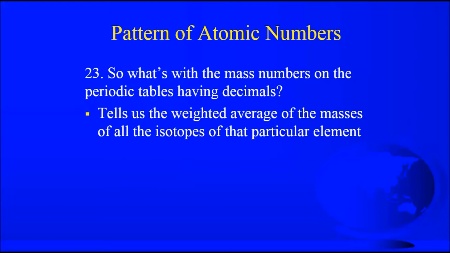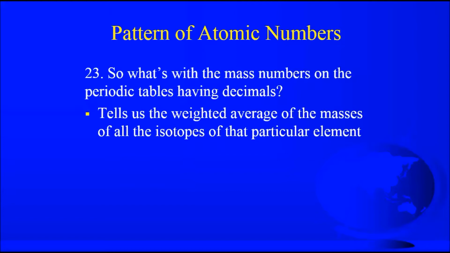Its mass is slightly different. So what you're seeing there, with it being a decimal, is the average of all of the siblings of each kind of element. It's not just an average, it's a weighted average, which we'll talk about eventually.